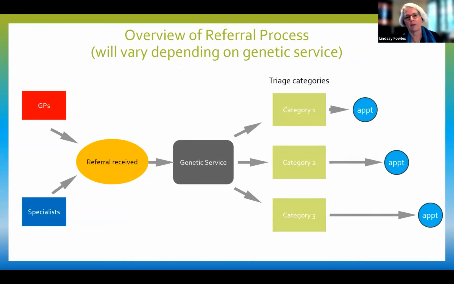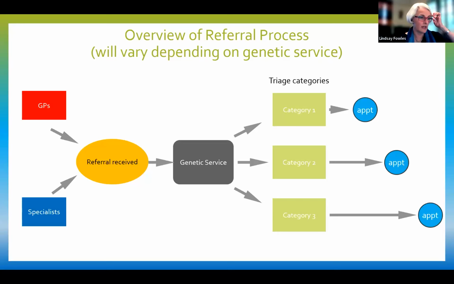Just to give you an idea of what happens in the public system, referrals generally have to come from a doctor, but that can be your GP or your specialist. The referral will be received, and there'll be an assessment of that referral. Not every referral will be accepted. They will have criteria by which they review their referrals.